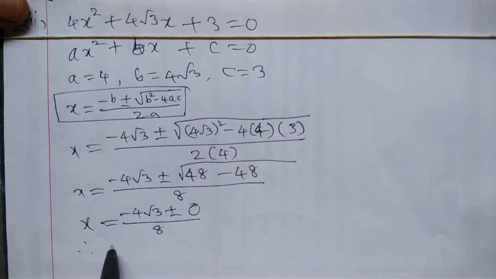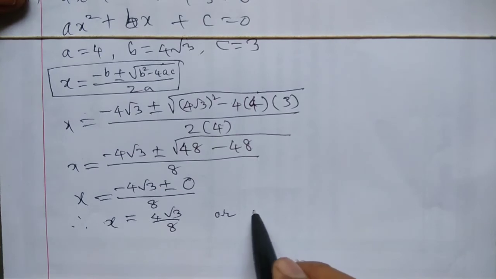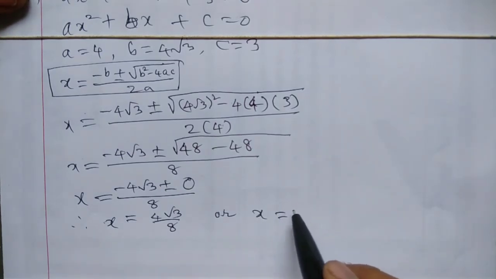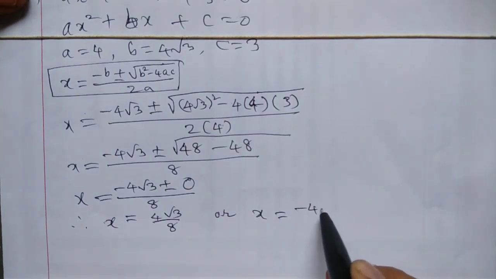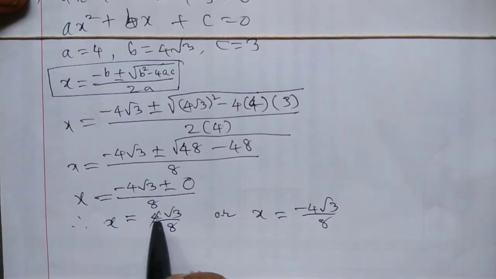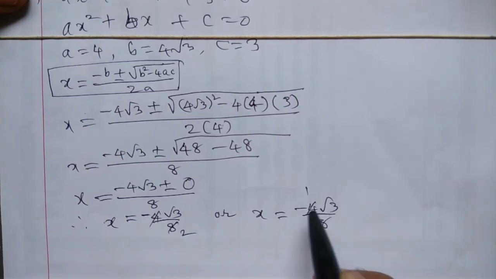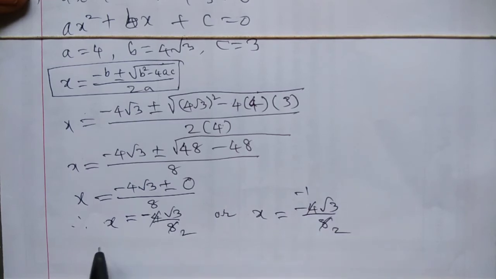Therefore, x is equal to minus 4 root 3 by 8, or x is equal to minus 4 root 3 by 8. Here also minus, 4 ones are 4, 4 twos are 8.